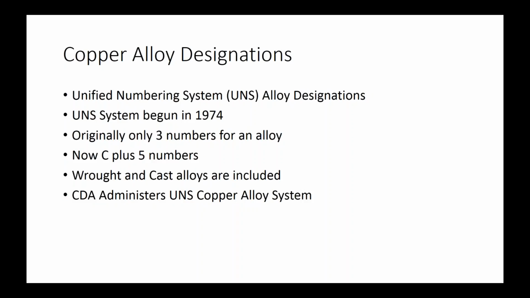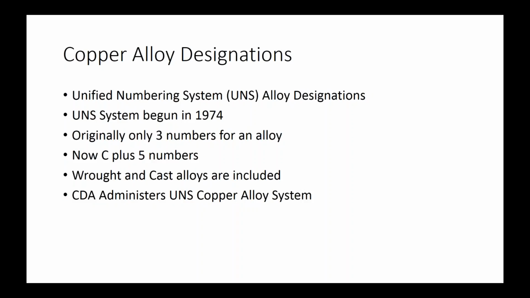The numbering of alloys predates 1974 when everybody was trying to coordinate and understand and categorize alloys, and they started that during and after World War II up until UNS system was developed. There are wrought and cast alloys in this system, and CDA administers the UNS copper alloy system in the United States. The UNS system is referenced all across and around the world as a basis. In fact, it's one of the few robust numbering systems there is in the world.